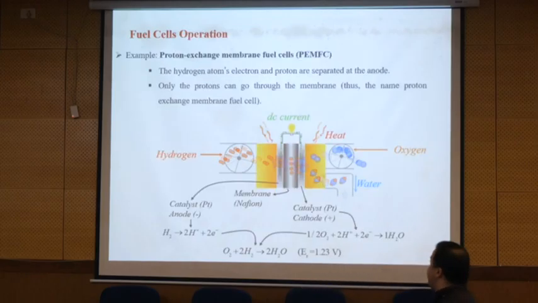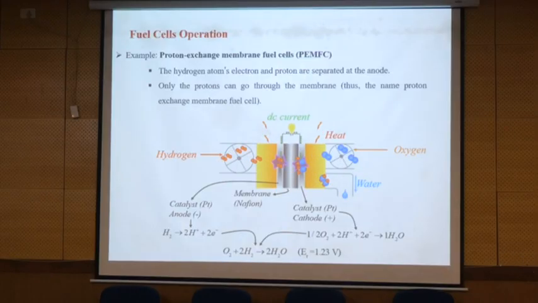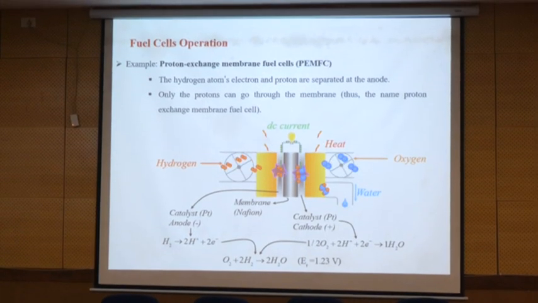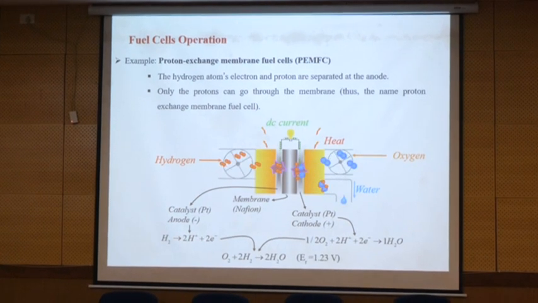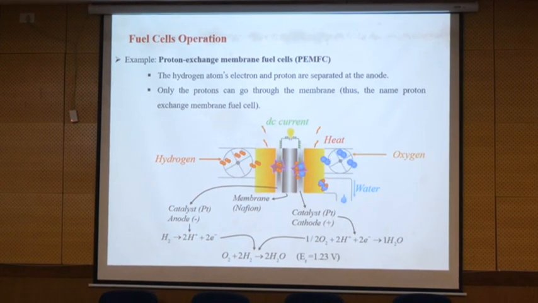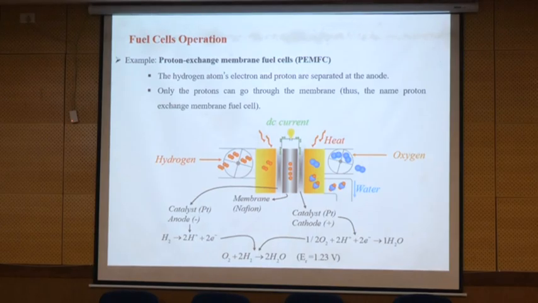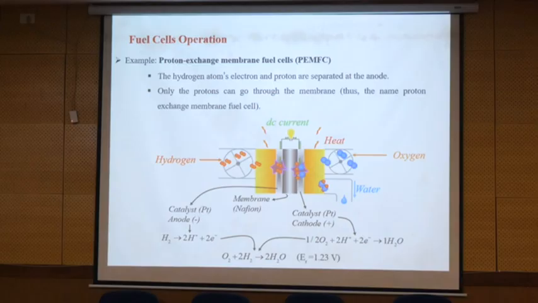I'm not going to talk too much about the technology, but we have the input hydrogen, a cathode and also a membrane. We split it into electron and proton. The proton can pass, but the electron follows this direction and provides the electricity, and with oxygen the output is water plus heat.